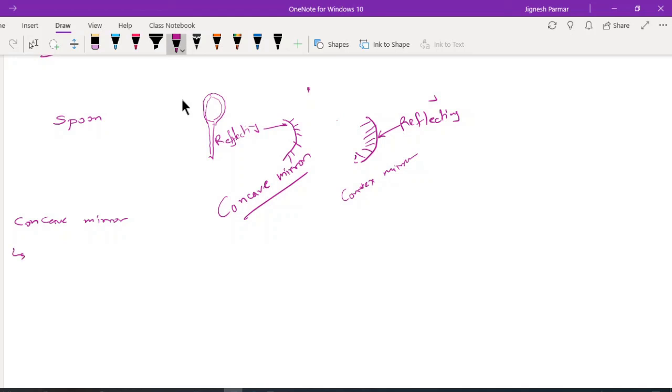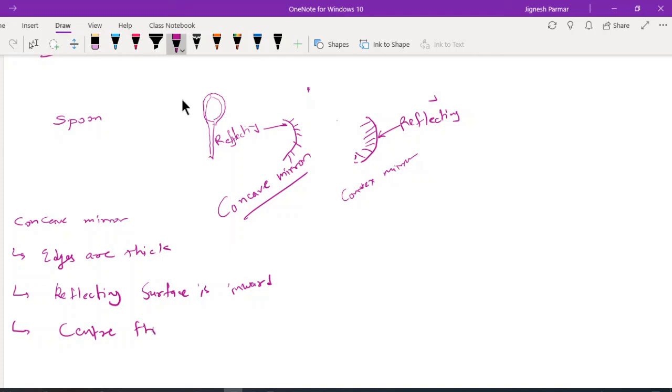In a concave mirror, the edges are thick, meaning the outer side is thick. The reflecting surface is curved inside, an inward curve. The surface on the inner side is the curved one. So it is curved inward, and that is a concave mirror. Looking at the edges, they are thick, and in the center it is a bit thin. That is the concave mirror.